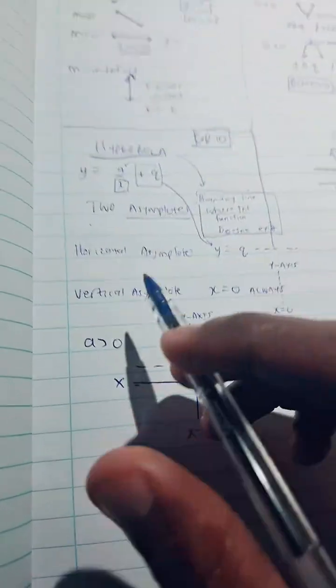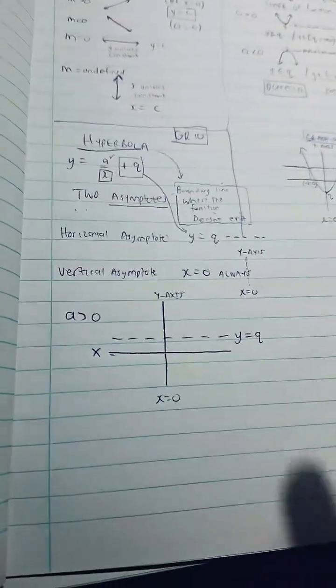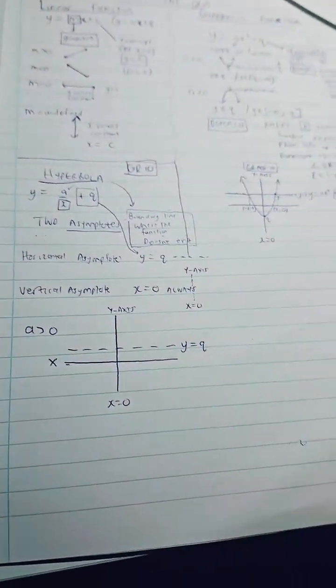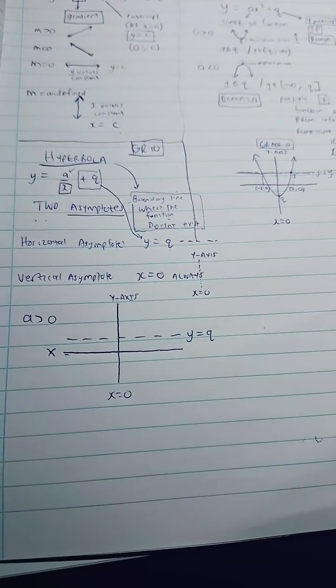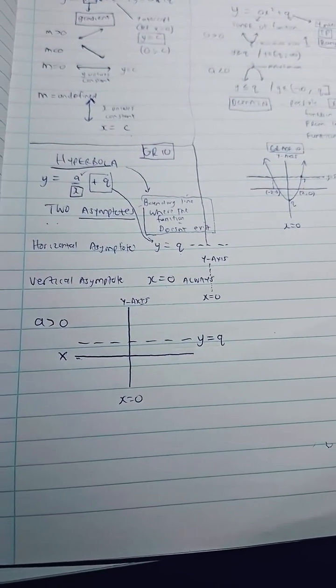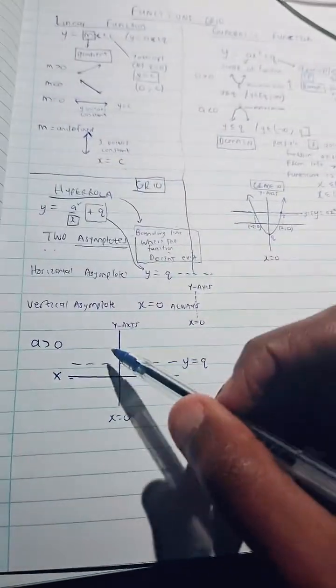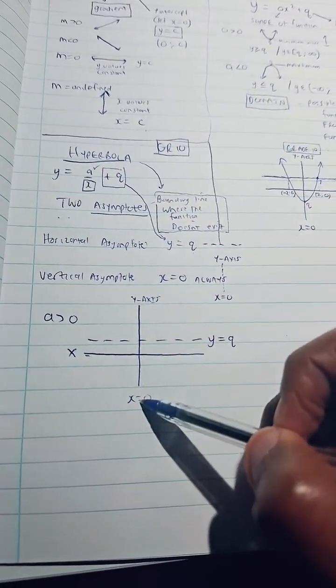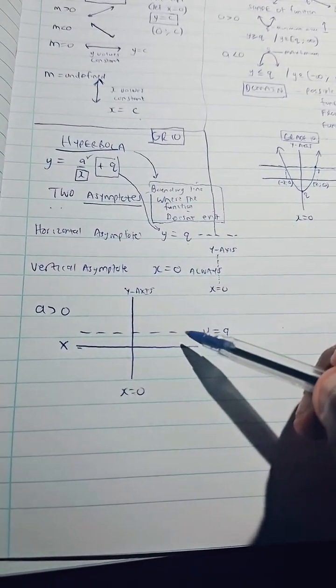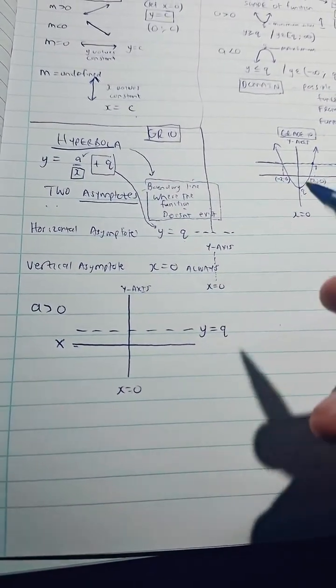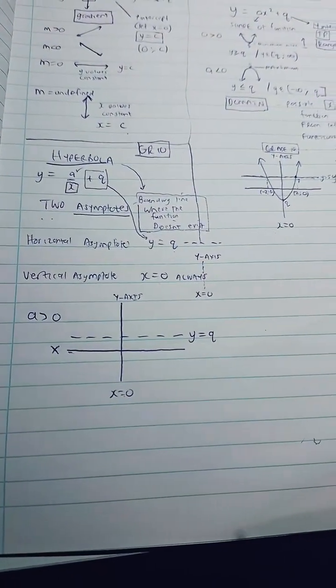Now, if a is greater than 0, your function for your hyperbola is found in two quadrants. Now, let's define what quadrants are as grade 10 learners. When you have your vertical asymptote and your horizontal asymptote drawn in to your function, these are your quadrants.